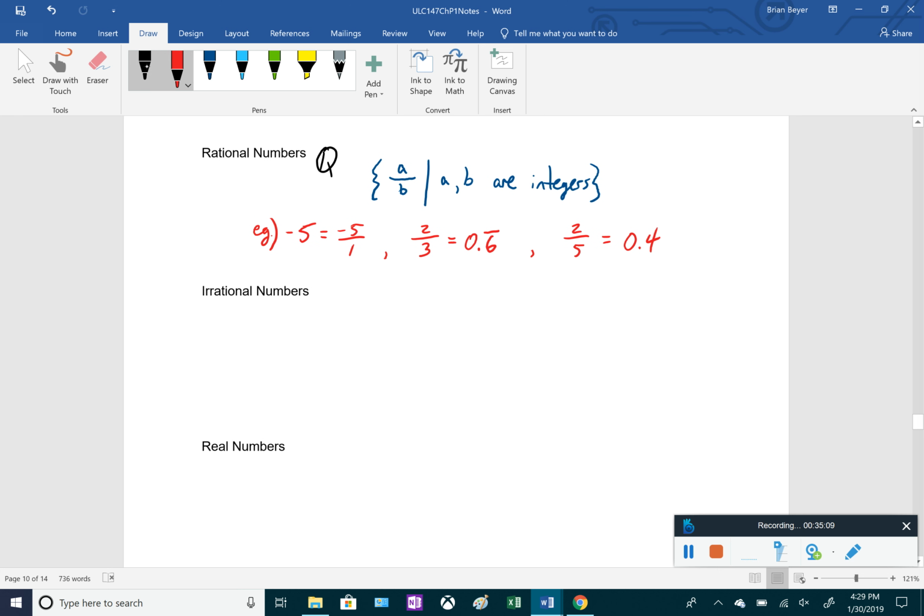Okay, next one, irrational numbers. I'm going to denote this with a kind of cursive looking I, just because I don't know how to do a backbone non-cursive I. So for this one, I'm just going to write out the definition in words here.